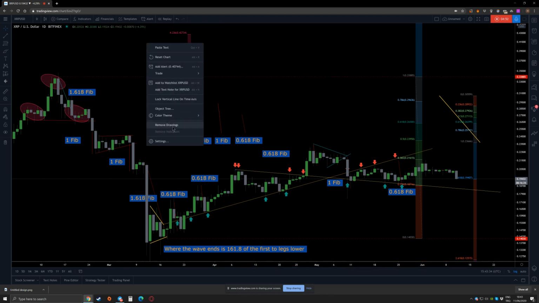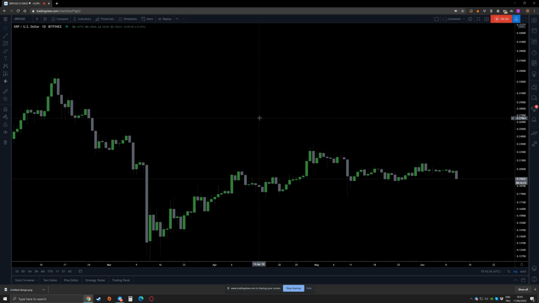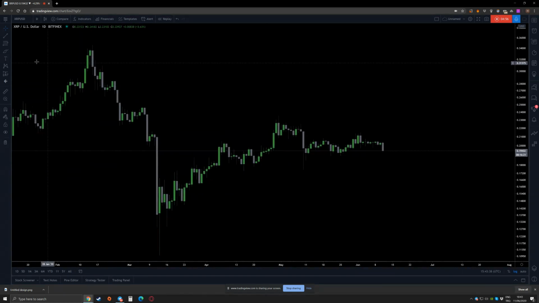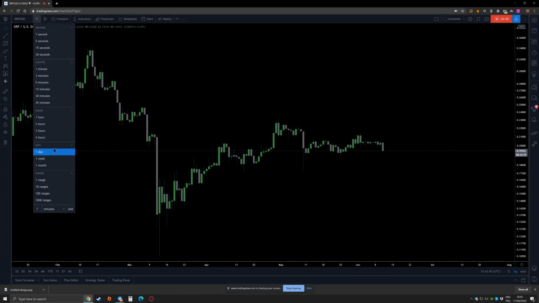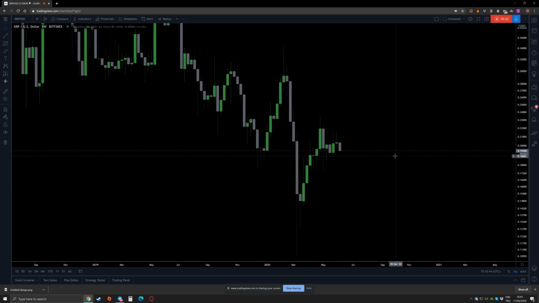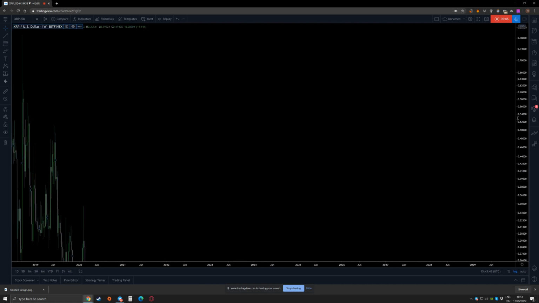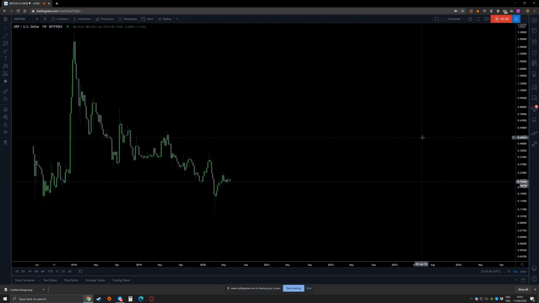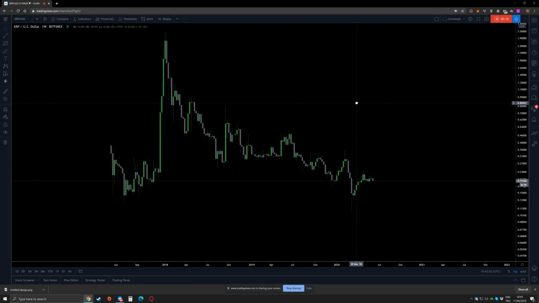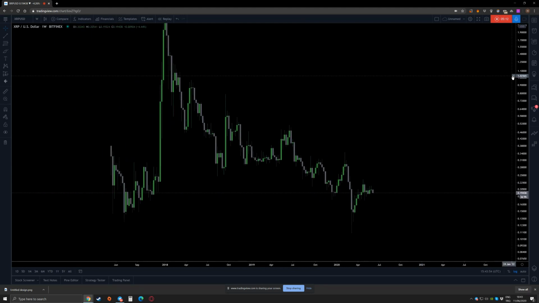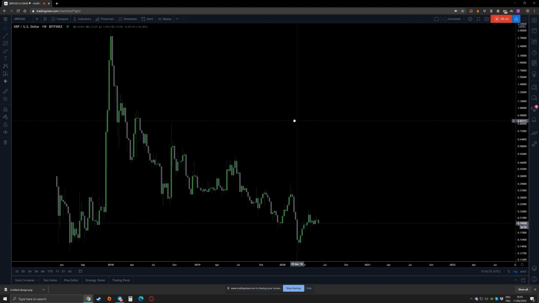Now let's clear this and look at the same thing from a weekly perspective and how it is going. From this weekly chart, what do we see?